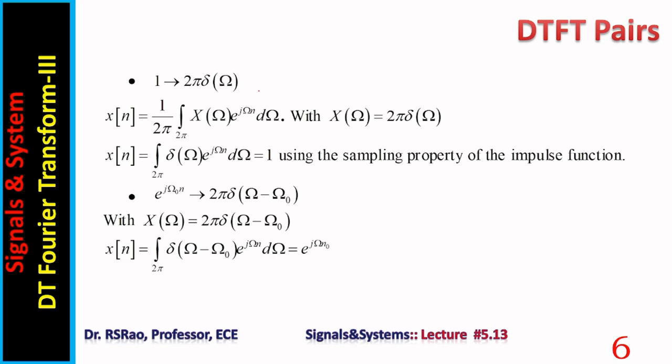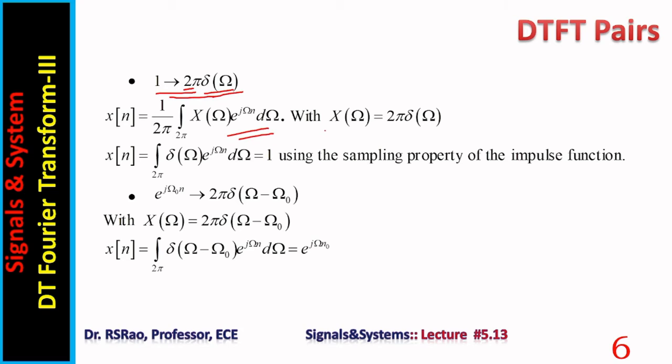Another transform, we consider the transform of 1. It can be seen it is equal to 2π multiplied by δ(ω). Here, in understanding this relation, we use the inverse transform defining relation. x(n) = 1/2π ∫_{2π} X(ω) e^{jωn} dω.